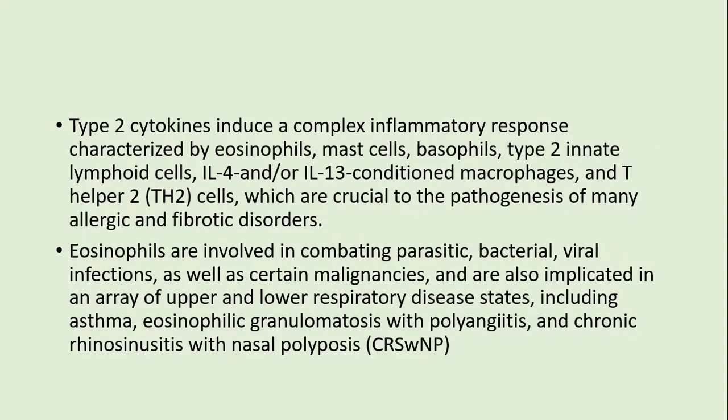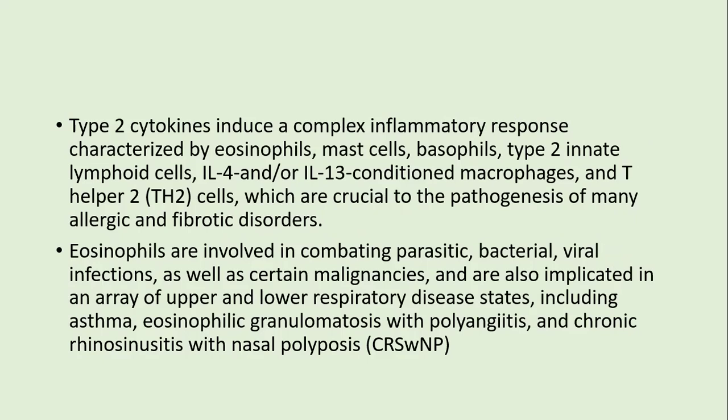The type 2 cytokines induce a complex inflammatory response, which is characterized by eosinophils, mast cells, and basophils. And interleukin 4 and 13 condition macrophages, and this is crucial in several allergic and fibrotic disorders.